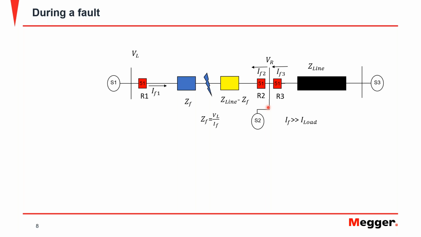Now, since all of these relays here I have represented as 51 elements, which are, as you know, inverse overcurrent or time overcurrent elements, after some time these relays, which only act on the amount of current that circulates, if that current is higher than the pickup of the relay, are going to trip, and this line is going to be out of service.